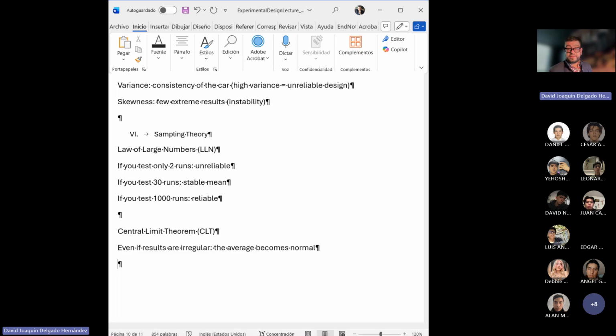And that is very important because when you have normality, you can have a powerful distribution because the normal distribution has been studied for so long. Gauss proposed this distribution, and we know everything about the normal distribution. If you don't have this normal distribution, you have to deal with other distributions.